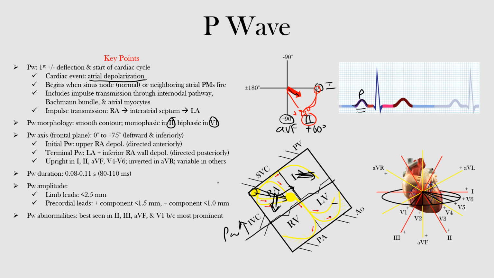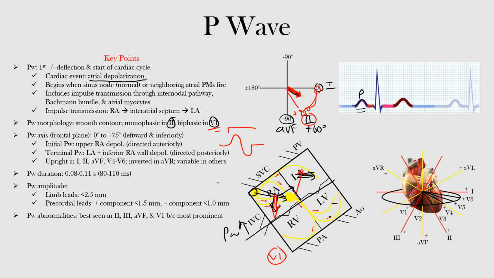And we said it's biphasic in lead V1. Remember, V1 is one of our anterior precordial leads, okay? So imagine V1 being here. We have the wave heading first towards V1, okay? So you'll see a positive deflection, all right, and then the left atrium depolarizes, and it does head posteriorly away from V1, and because of that, it will be a downward deflection.